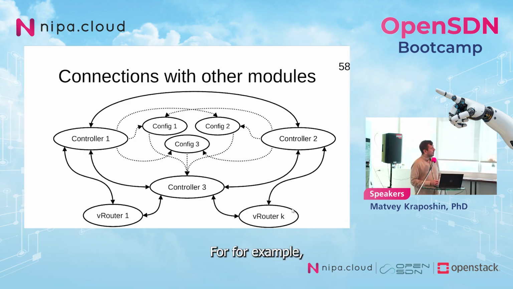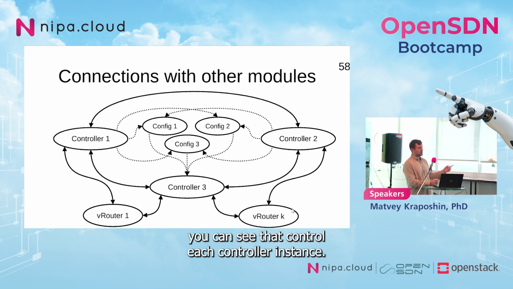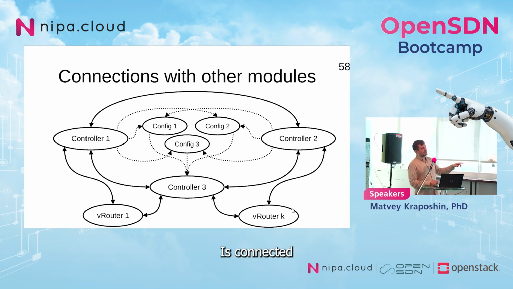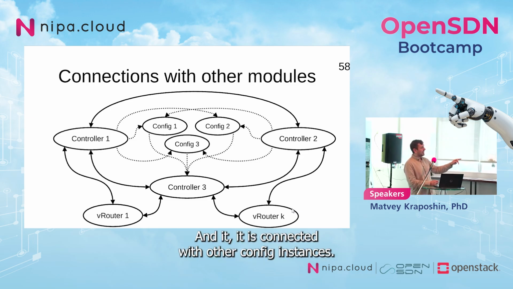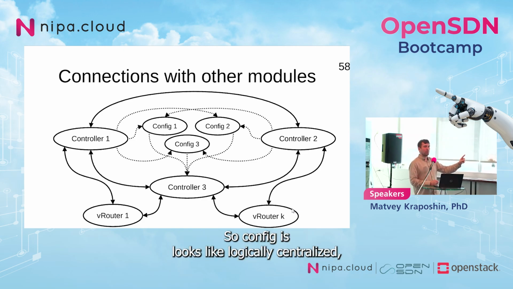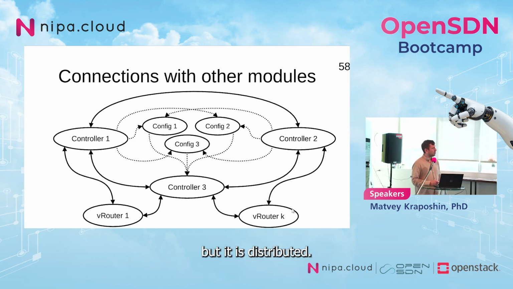For example, you can see that each controller instance is connected with other controller instances, and it is connected with other config instances. So config looks logically centralized, but it is distributed.